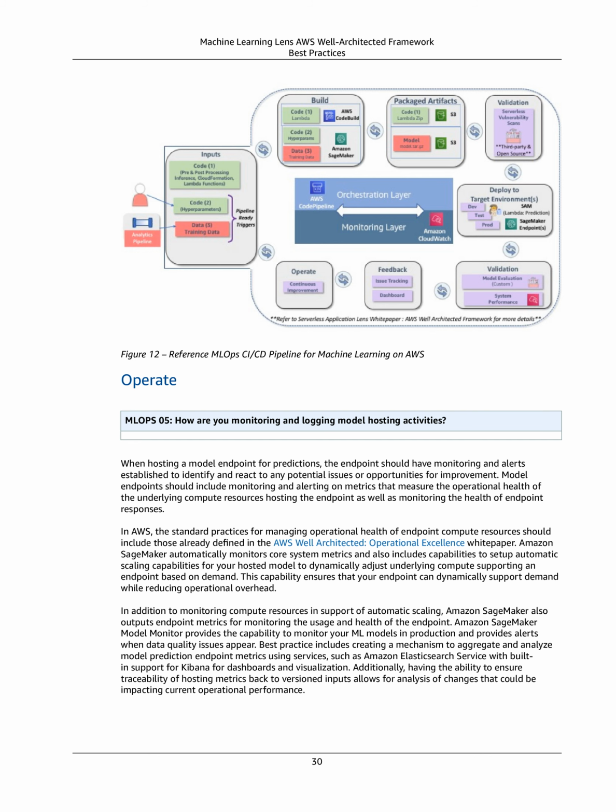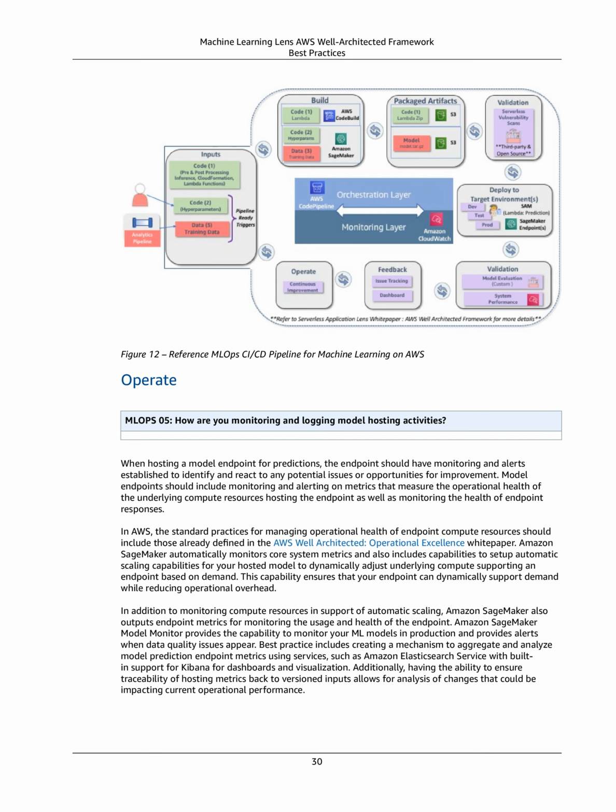Amazon SageMaker Model Monitor provides the capability to monitor your ML models in production and provides alerts when data quality issues appear. Best practice includes creating a mechanism to aggregate and analyze model prediction endpoint metrics using services, such as Amazon Elasticsearch Service with built-in support for Kibana for dashboards and visualization.